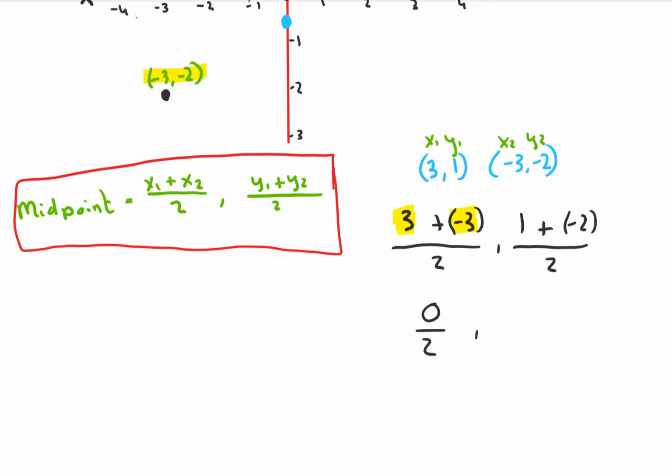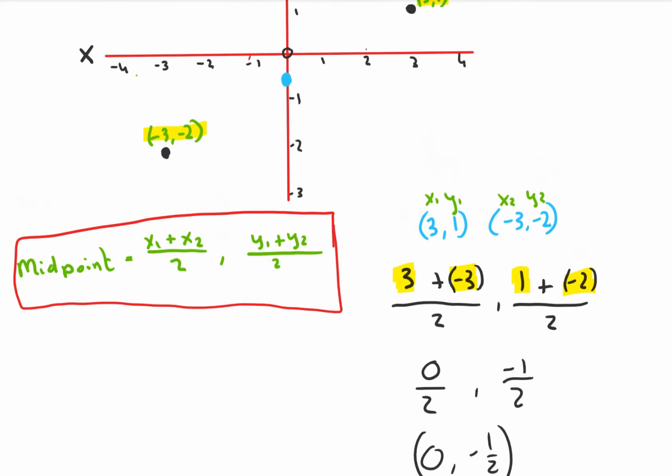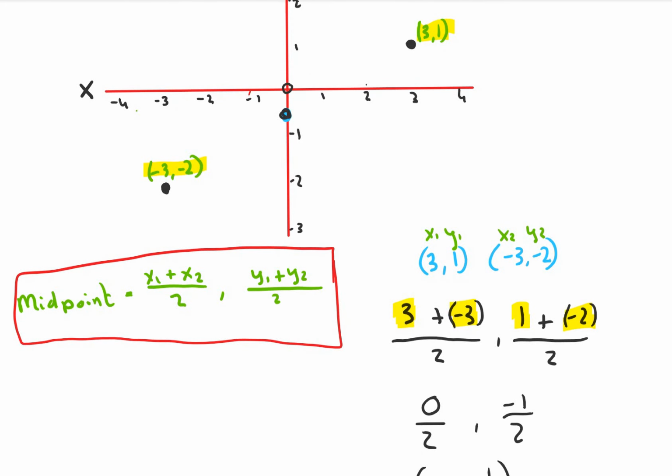It's over 2, comma, 1 and minus 2 is minus 1, and that's over 2. 0 over 2 is 0, minus 1 over 2 is minus half. There's my point, and look up here, same point. Okay, so that's just proof it doesn't matter which order it comes, but we do have to label it x1, y1, x2, y2. Okay, thanks guys.